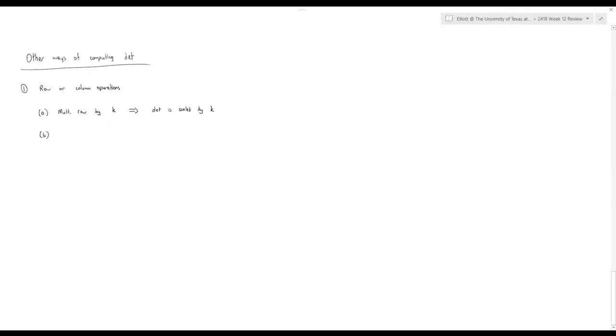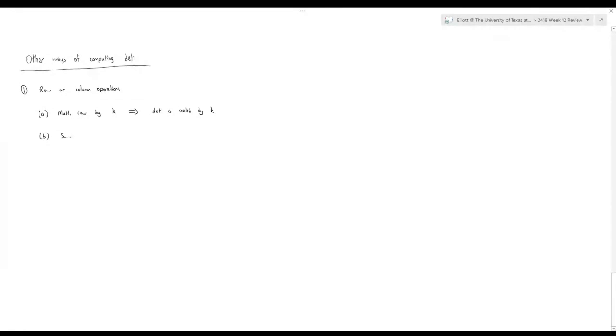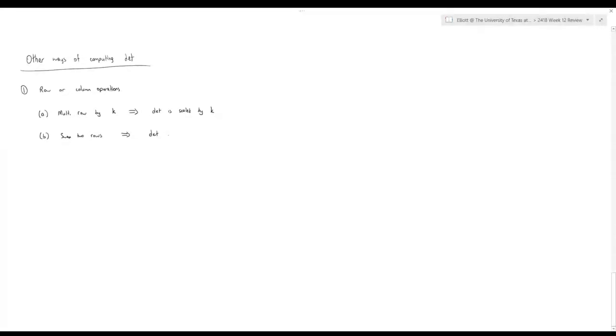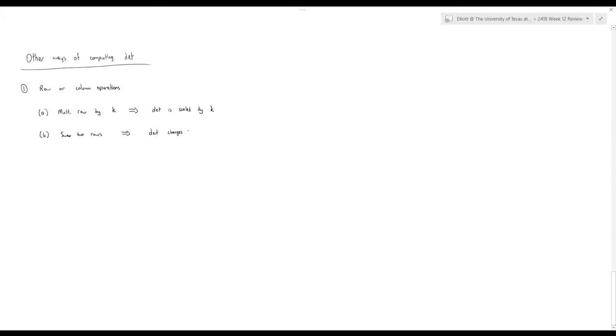Another type of row operation is swapping two rows. When you swap two rows, the determinant will change sign. We talked about that earlier, although we talked about it for columns.